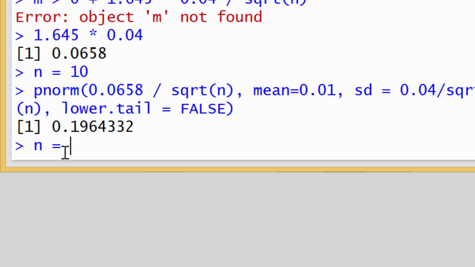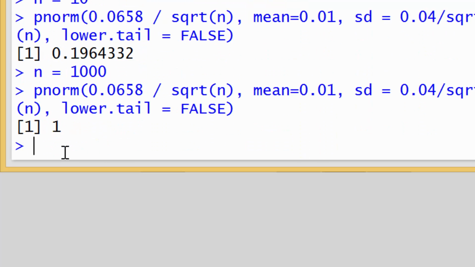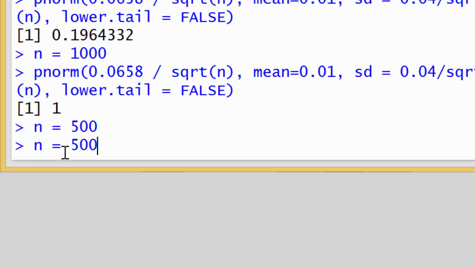What if it was, let's say, 1,000? Then the power would be 1. So we know that we need an n somewhere between 10 and 1,000. Let's almost halve it and do n is 500.